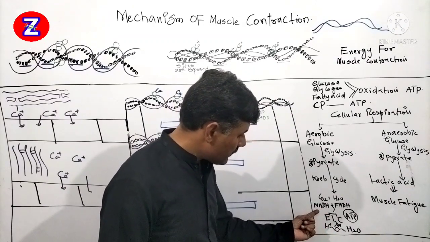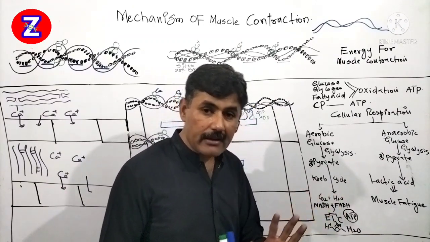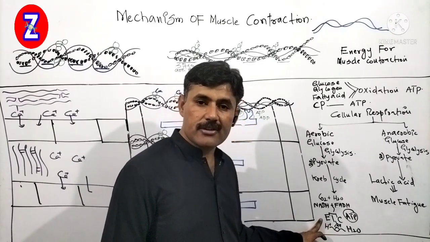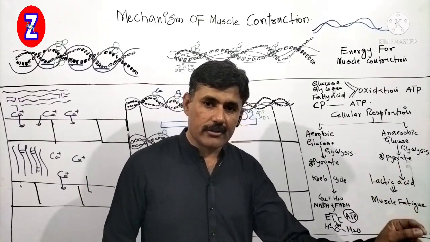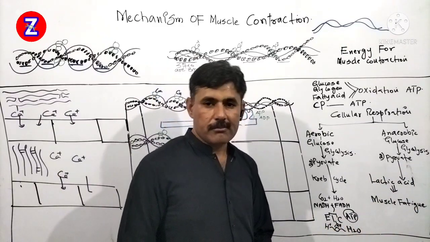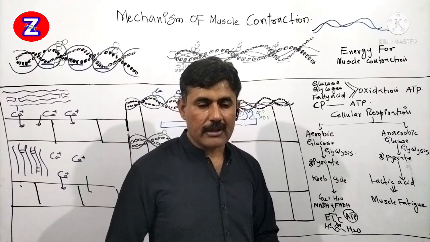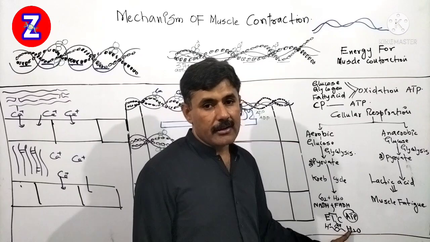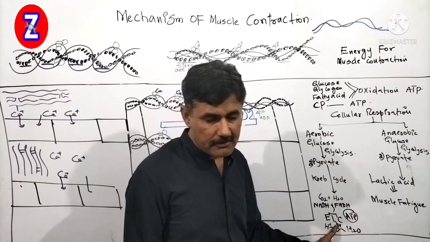And all these NADH and FADH finally oxidize and they give electrons to a chain that is present in the cristae of mitochondria, that's called the electron transport chain. And finally, these electrons are received by oxygen, and it takes protons and synthesizes water. In this way, oxygen is finally required to complete the process of respiration.